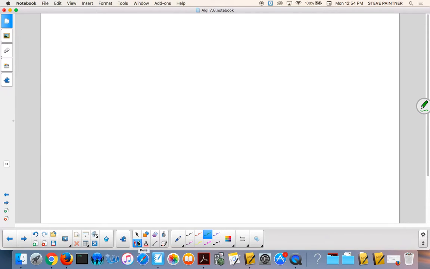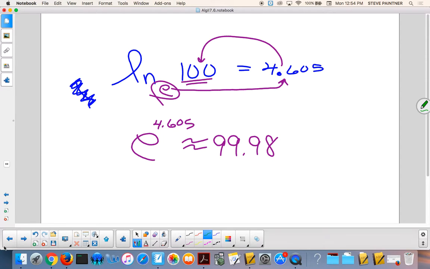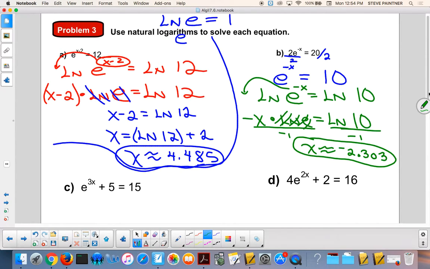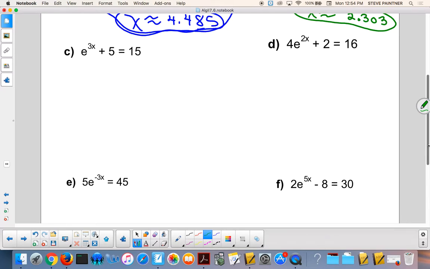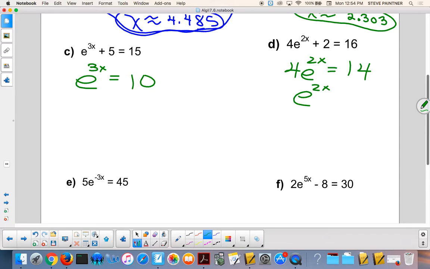Whoa, whoa, whoa. You can't start these problems until you get e to a power of x. So this one should be, right? I'm just kind of moving you along, guys. Divide by 4, this one should say this. See, once you get to this point, e to a power of x, now just take the natural log of both sides.